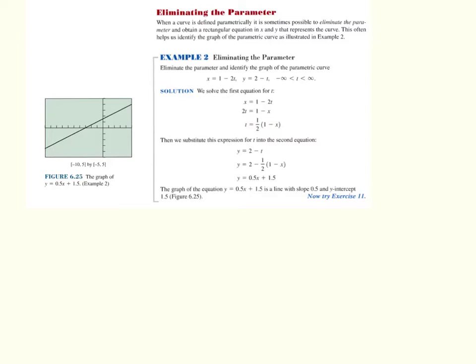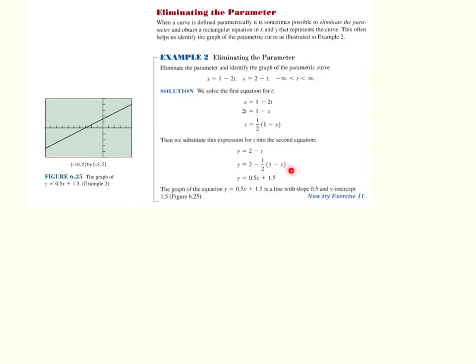Now, this is just a typical system of equations at this point. We can now substitute this into the y equation for t. So 2 minus t becomes 2 minus 1/2 times (1 minus x). From there, distribute and combine your like terms.